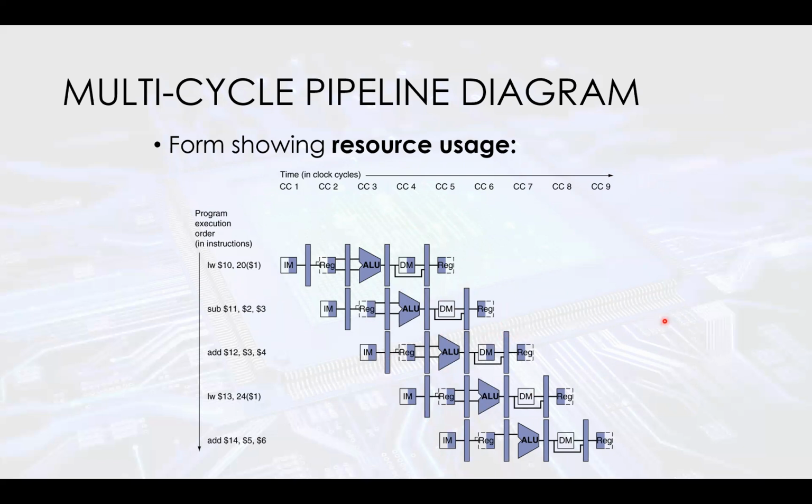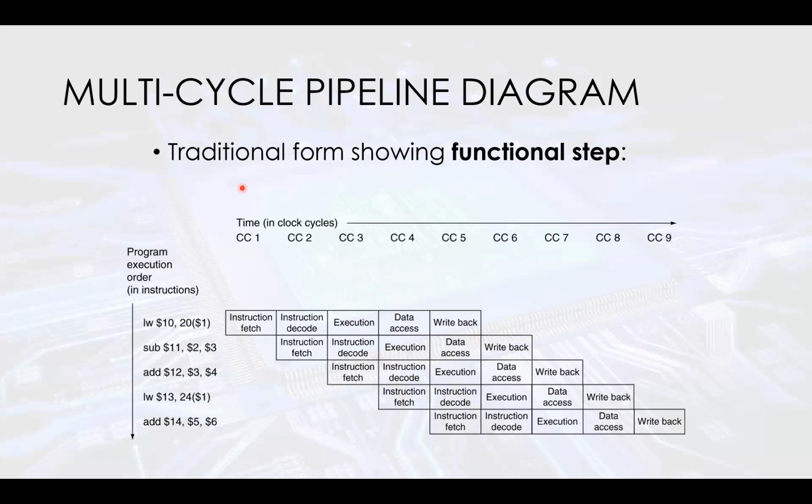If we want to look at it from the traditional form, we might just list in boxes the actual stages: instruction fetch, instruction decode, execution, data access, and write back. Now, one of these instructions might not particularly need something to occur, but the data still flows through.